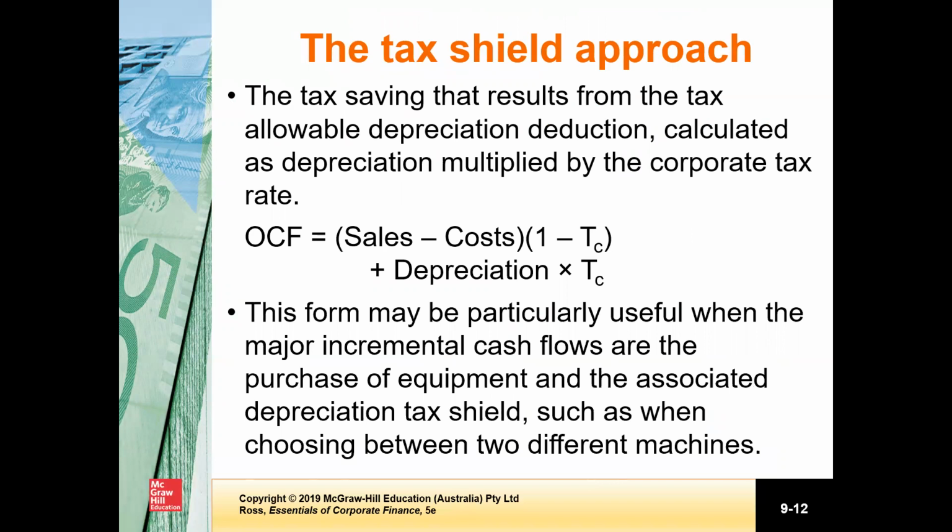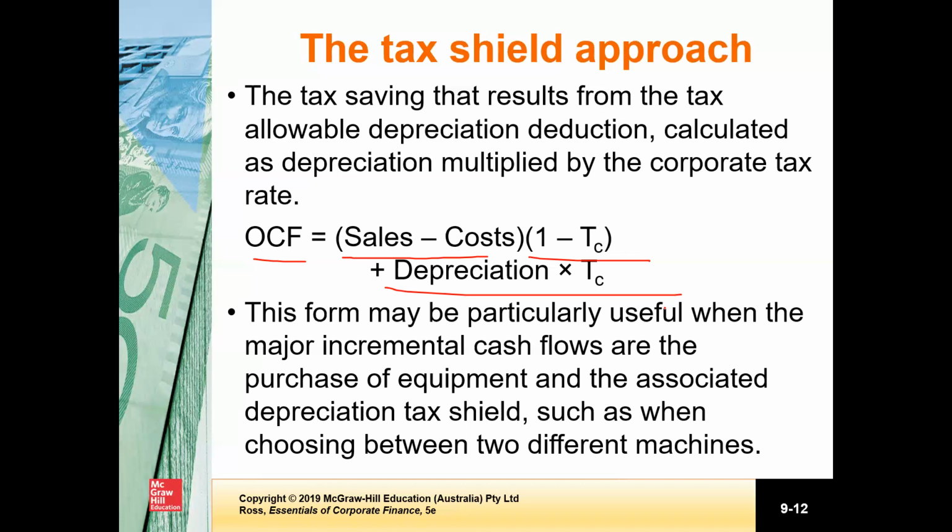Now, the tax shield approach is a useful variation on the basic definition of operating cash flow that we have seen earlier. The tax shield approach is defined as this: operating cash flow equals (sales minus costs) times (1 minus tax rate) plus depreciation times tax rate.